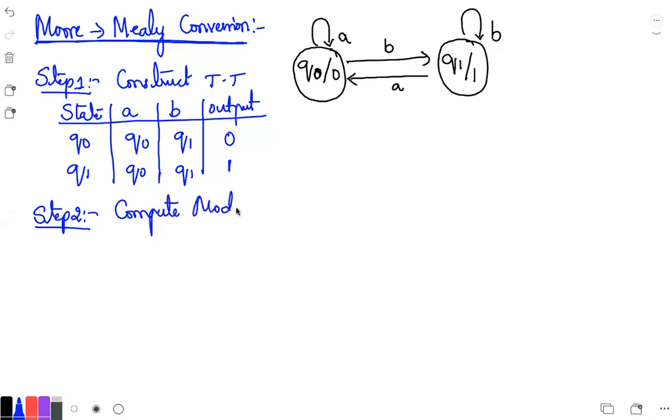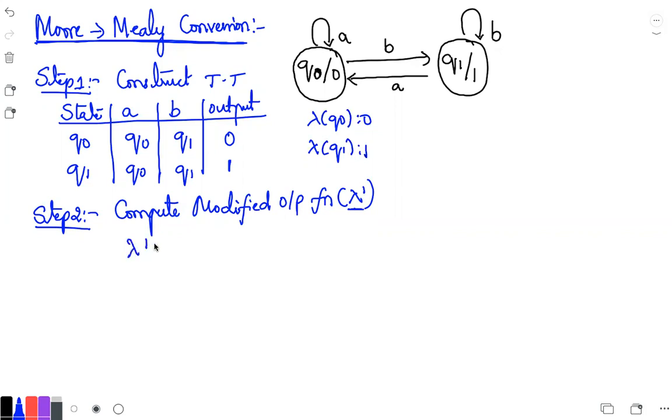Now step 2: compute the modified output function, lambda dash. Previously we have seen lambda. Lambda of Q0 is 0, lambda of Q1 is 1. This is the output function in the Moore machine, one of the tuple. Here we need to compute the modified output function, lambda dash. What is lambda dash? Very simple.